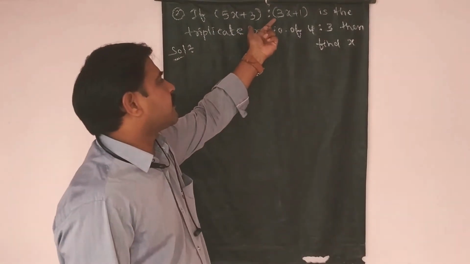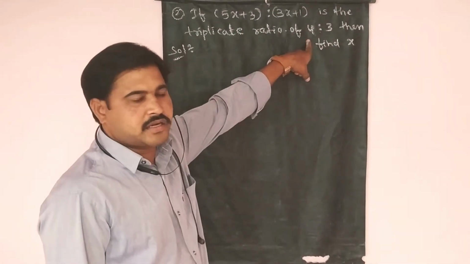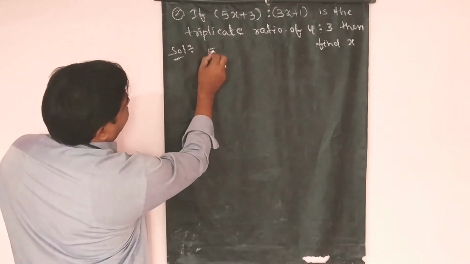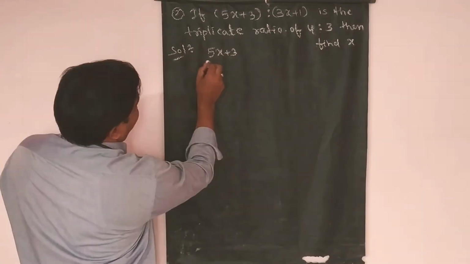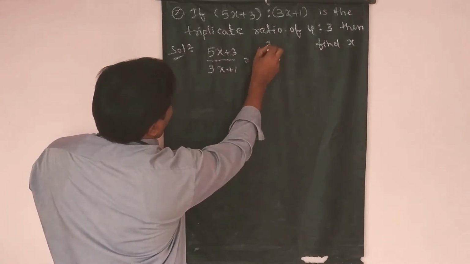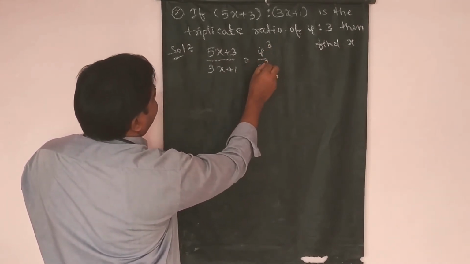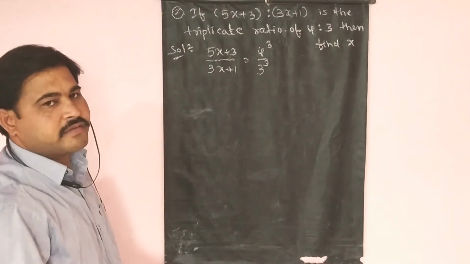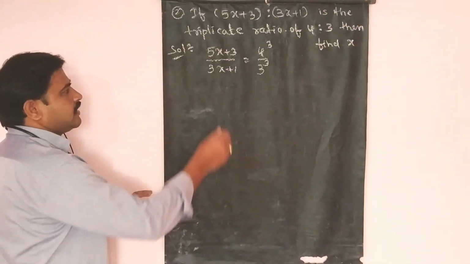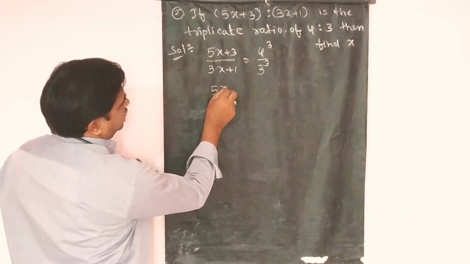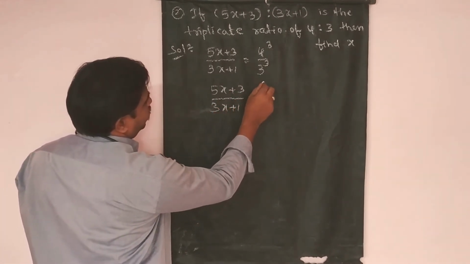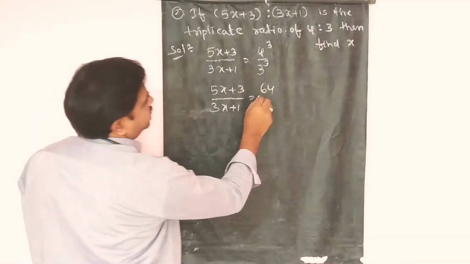Triplicate means we take 5x plus 3 divided by 3x plus 1 is equal to 4 cube divided by 3 cube, which is 64 by 27.